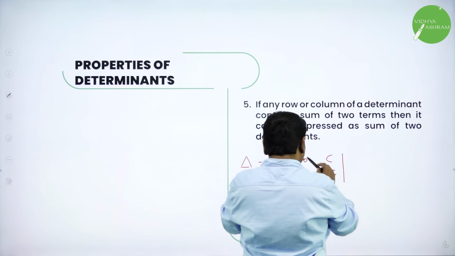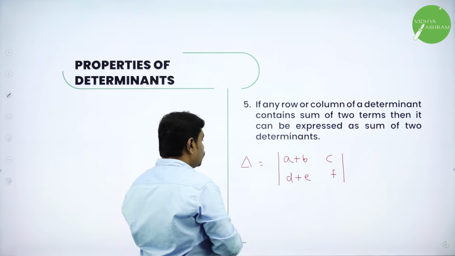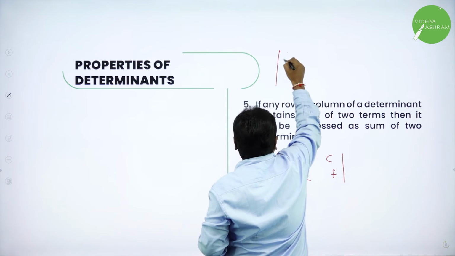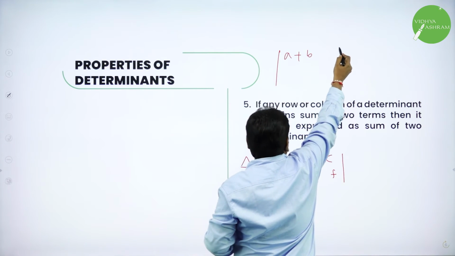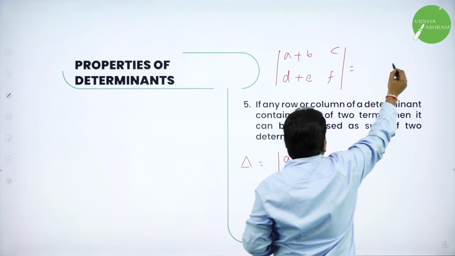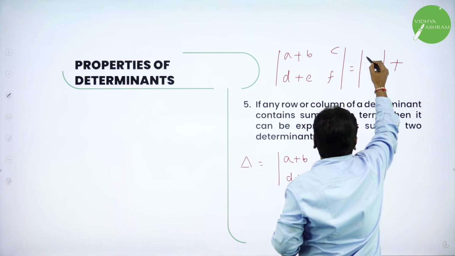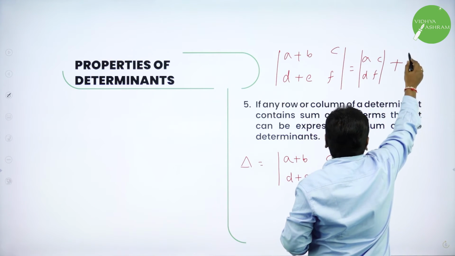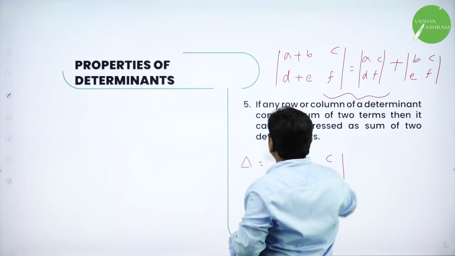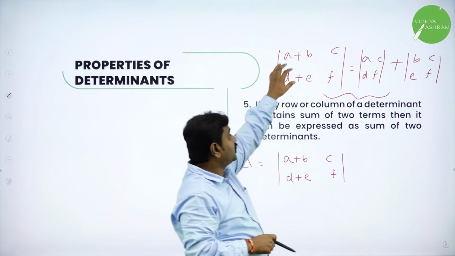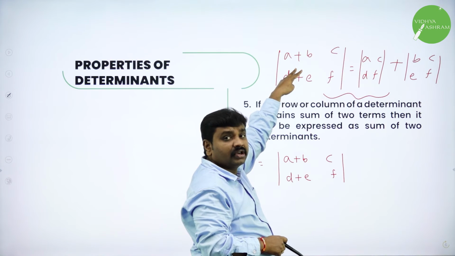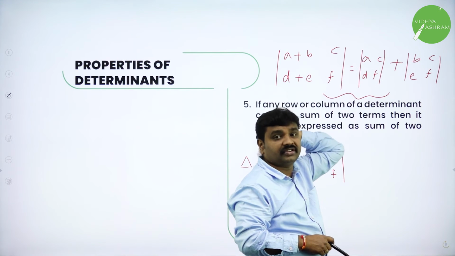This can be expressed as the sum of 2 determinants: the determinant a, c, d, f and the determinant b, c, e, f. This is the property. Here each element of the first column is made up of the sum of 2 elements, so I can write this determinant as the sum of 2 determinants.